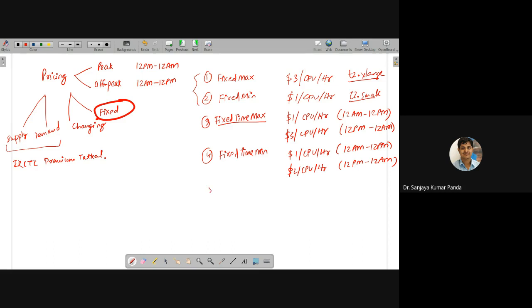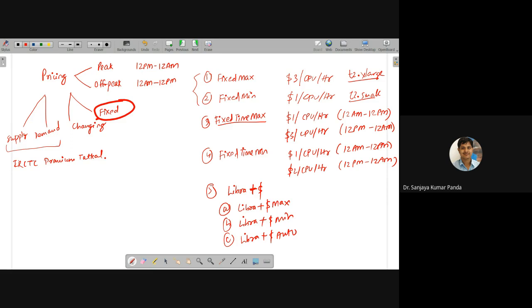And the last pricing scheme is called Libra plus dollar. It has 3 pricing schemes: first one is Libra plus dollar max, Libra plus dollar min, and Libra plus dollar automatic, right?